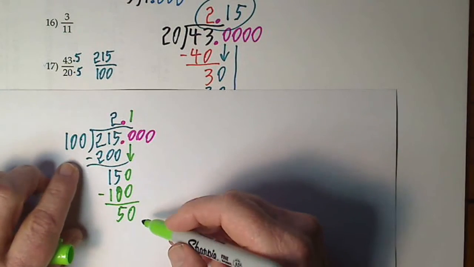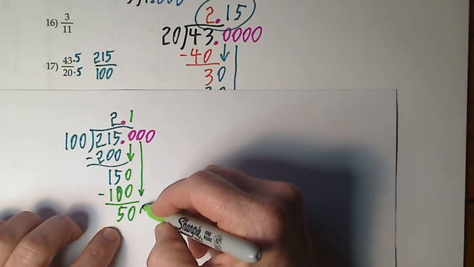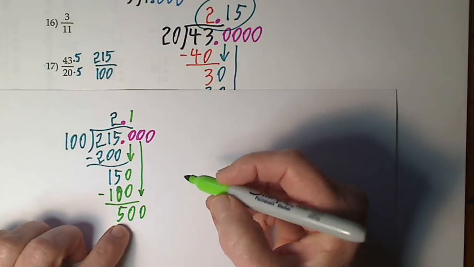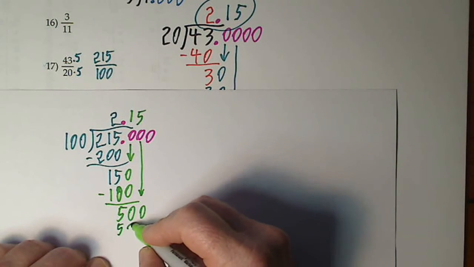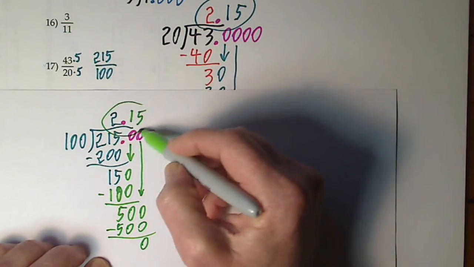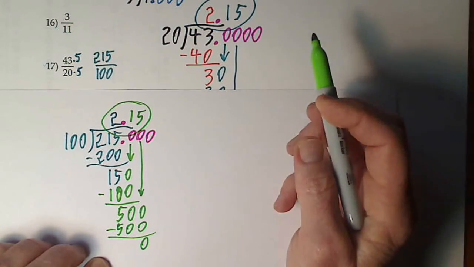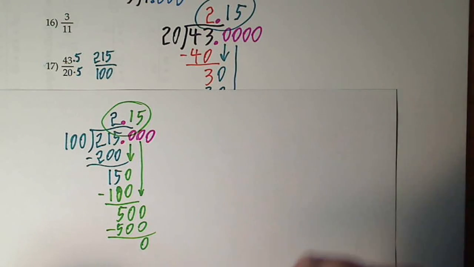All right, so I've got my 50, right? I just did my subtraction. Bring down the next digit. 100 goes into 500 5 times, and obviously nothing left over. So notice you get to the same place. All right. Sometimes it's actually a little easier to proceed like that. In this case, it was probably a little more work.